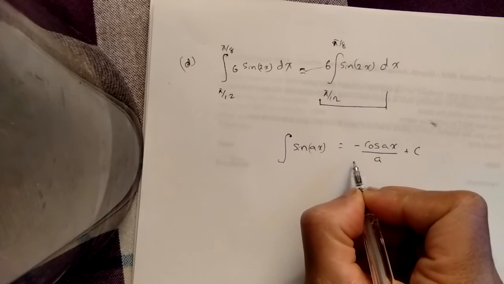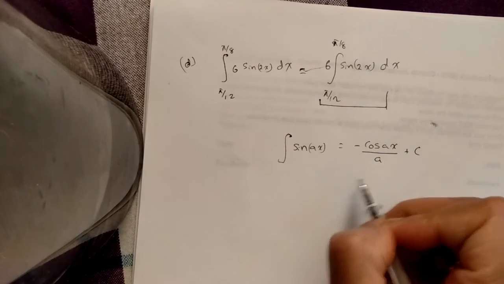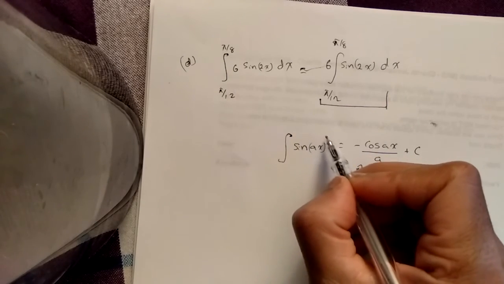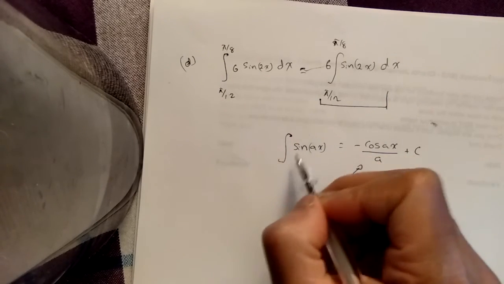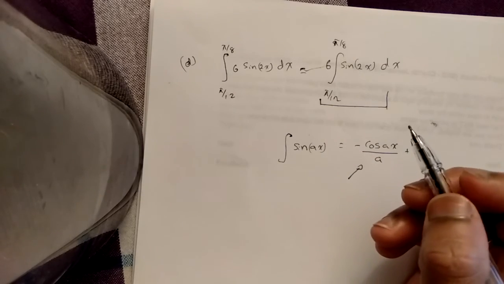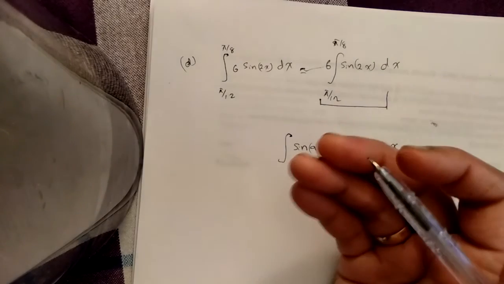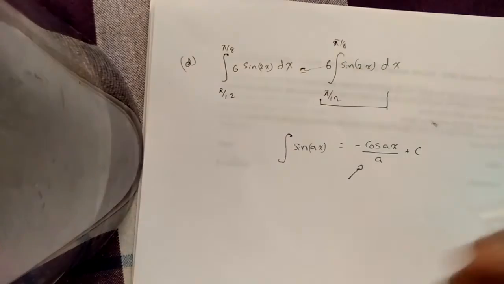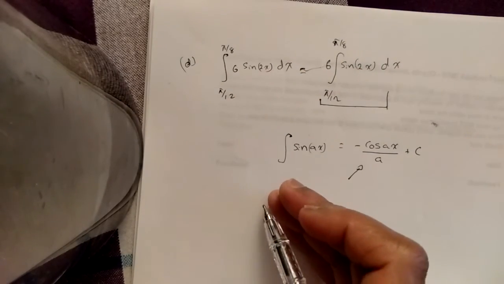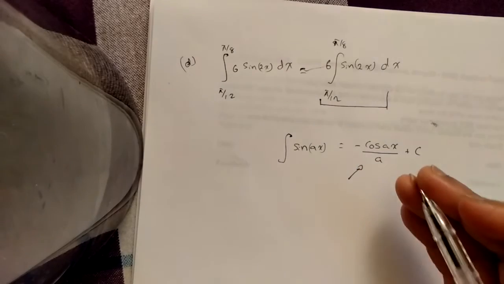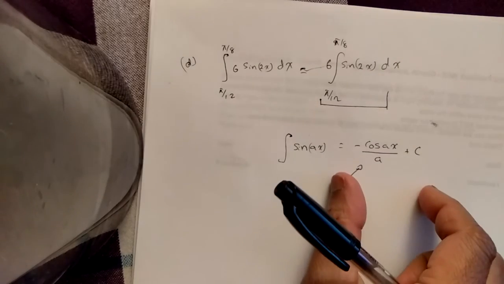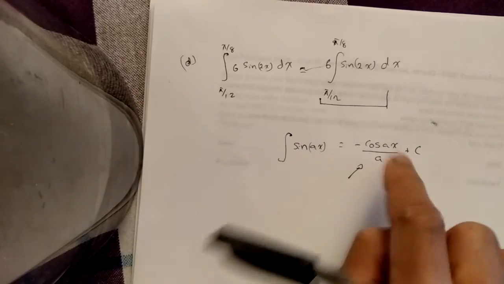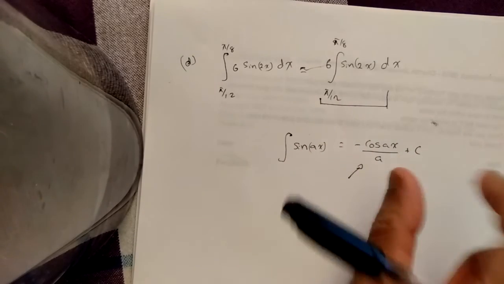Now you can even justify this result by differentiating it. Then you should get the original function inside the integral, because normally the integral works in the reverse direction of differentiation. So whatever answer you got as the result of the integral, when you differentiate that answer, you should get the initial problem. So in that way you can even justify your results.